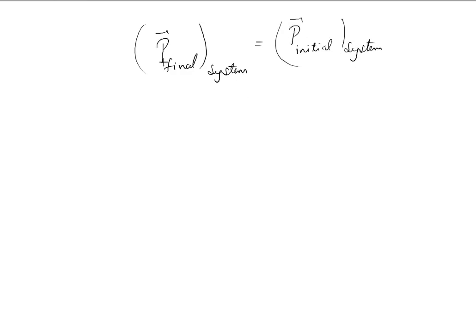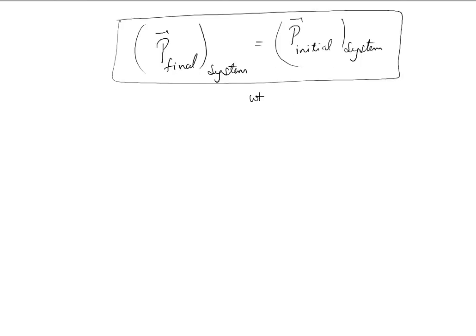This is nothing but the final momentum of the system is equal to the initial momentum of the system when the summation of external force applied on the system is 0.